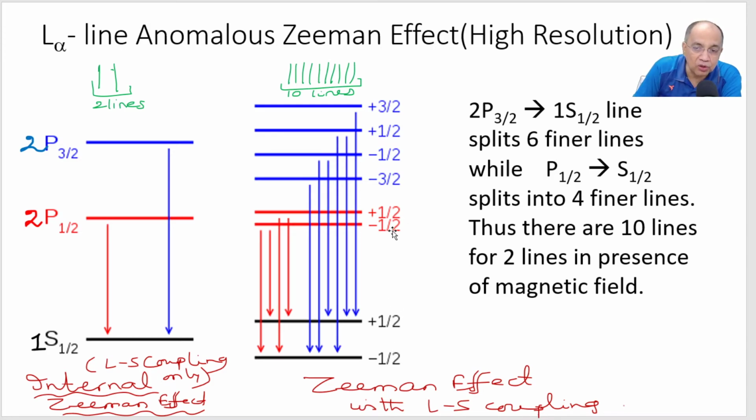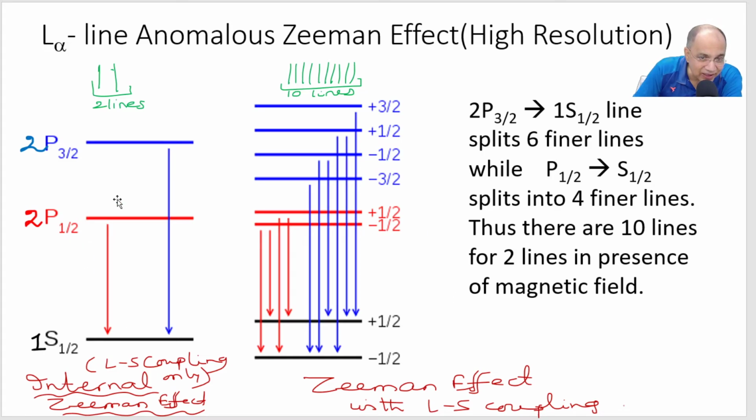So out of the 8, 2 are discarded and 6 remain. So P 3/2 to 1S half, which was 1 line, will now be 6 lines. There are 4 into 2, 8 possibilities, out of which 2 are forbidden, and there will be 6 lines.